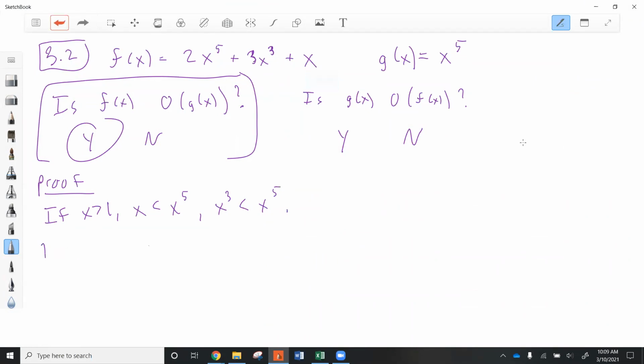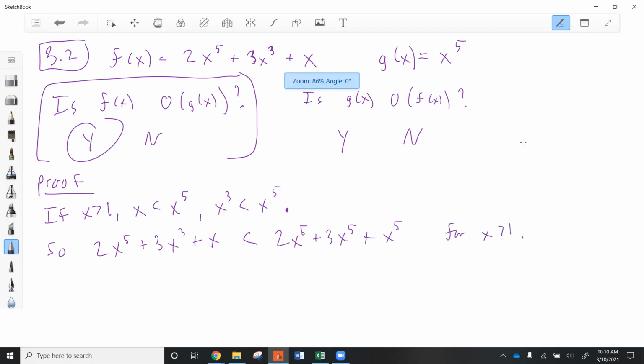So 2x to the 5th plus 3x cubed plus x is going to be less than 2x to the fifth plus 3x to the fifth plus x to the fifth, for x greater than 1, right?